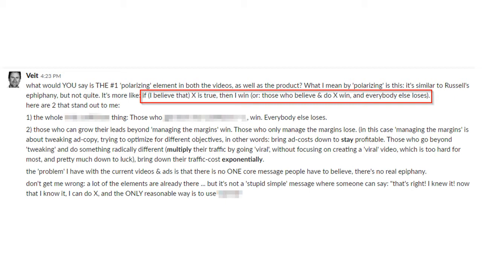So in it, he has that concept of the epiphany, where people go, oh, I finally understand. And although it's not quite the same thing, it is very, very similar. It's a concept I've learned many years ago, and it basically goes along those lines. If I believe X to be true, and I believe X to be possible for me, then I win.